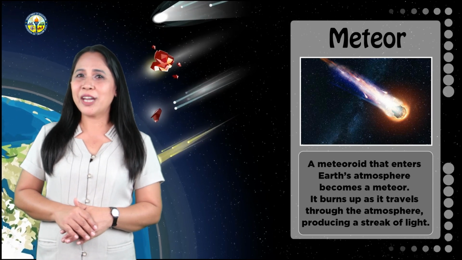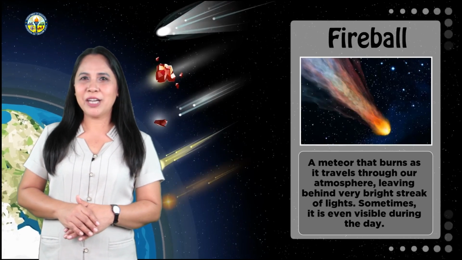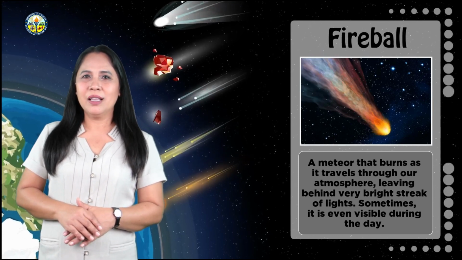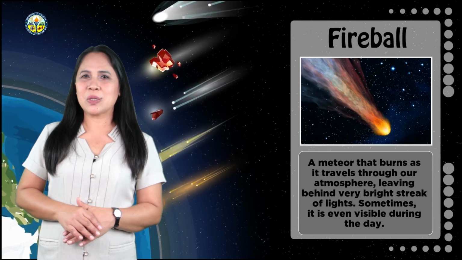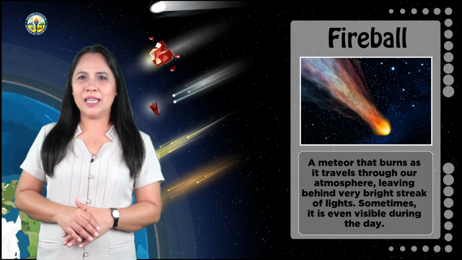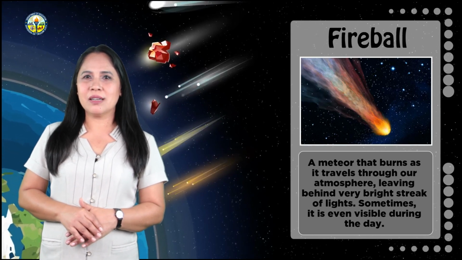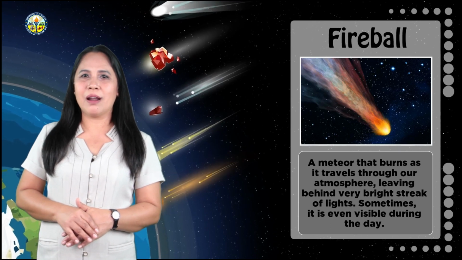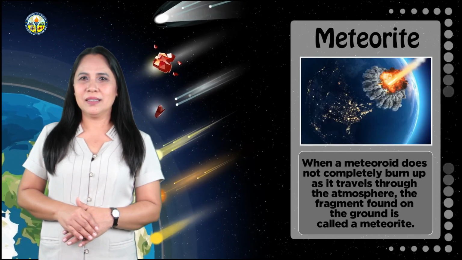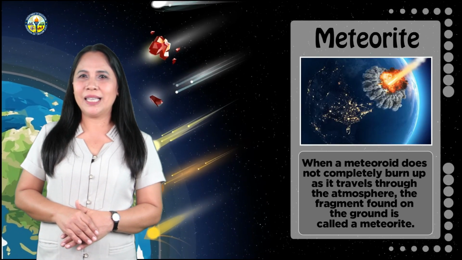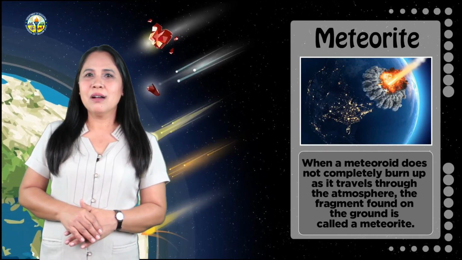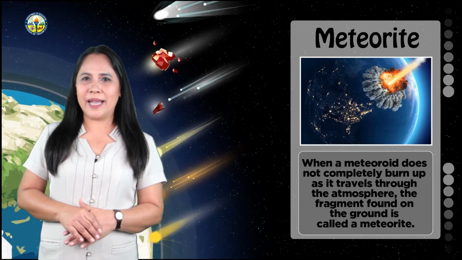It is called a fireball. Fireball. A meteor that burns as it travels through our atmosphere, leaving behind very bright streaks of light. Sometimes, it is even visible during the day. This rare phenomenon is the result of a meteoroid that is larger or denser than usual. Meteorite. When a meteoroid does not completely burn up as it travels through the atmosphere, the fragment found on the ground is called a meteorite.